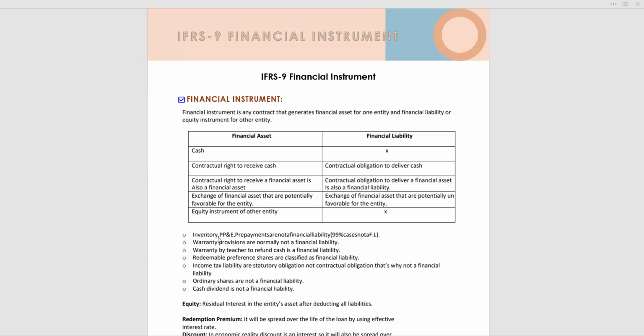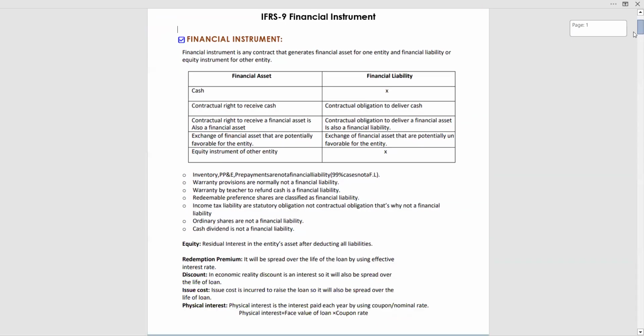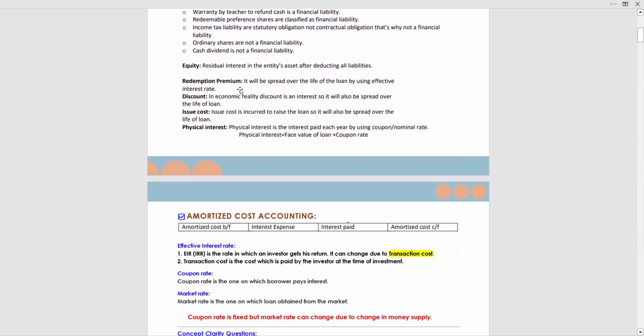Let's read about equity. Equity is the residual interest in the entity's assets after deducting all liabilities, meaning net assets minus total liabilities. Now, redemption premium. These are a kind of interest, or you can say a type of interest.